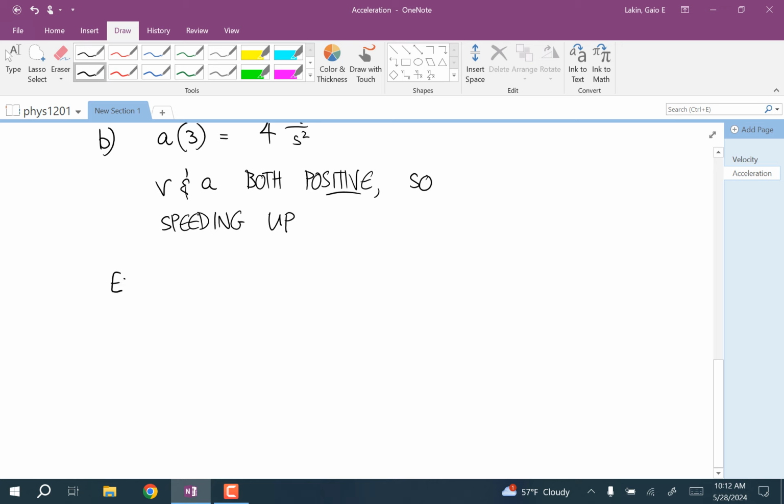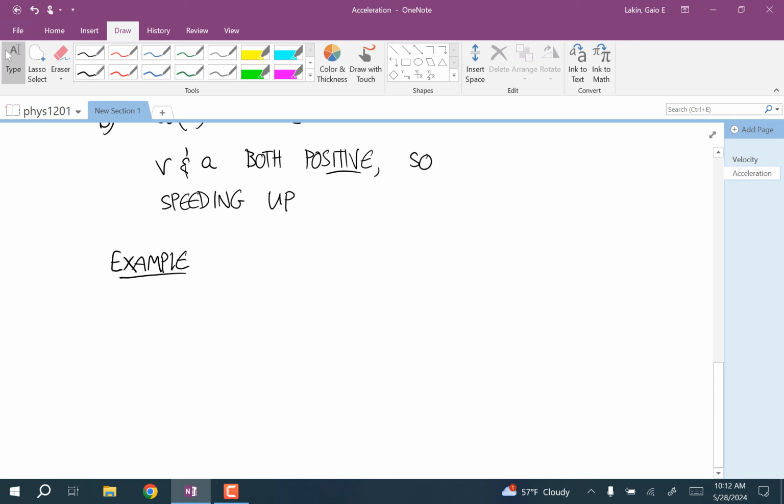Let's do another example of the type that you'll see in problems. So let's say this time that we start with an acceleration as a function of time that's equal to negative 5t plus 10.